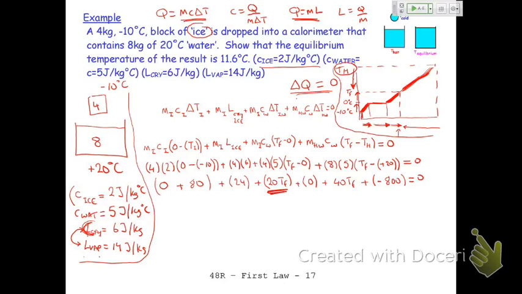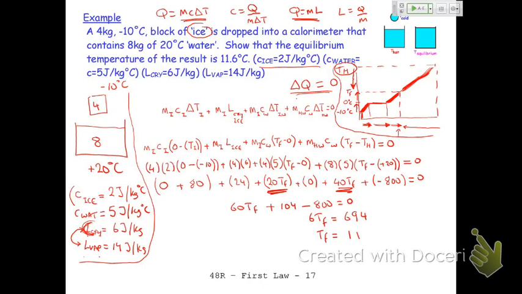Let's pull the TFs to one side. 60 TF. Let's take plus 80 and 24 is 104. 104 minus 800 equals 0. 60 TF is equal to, it's going to be 694 when I take it to the other side. TF is going to equal 1.